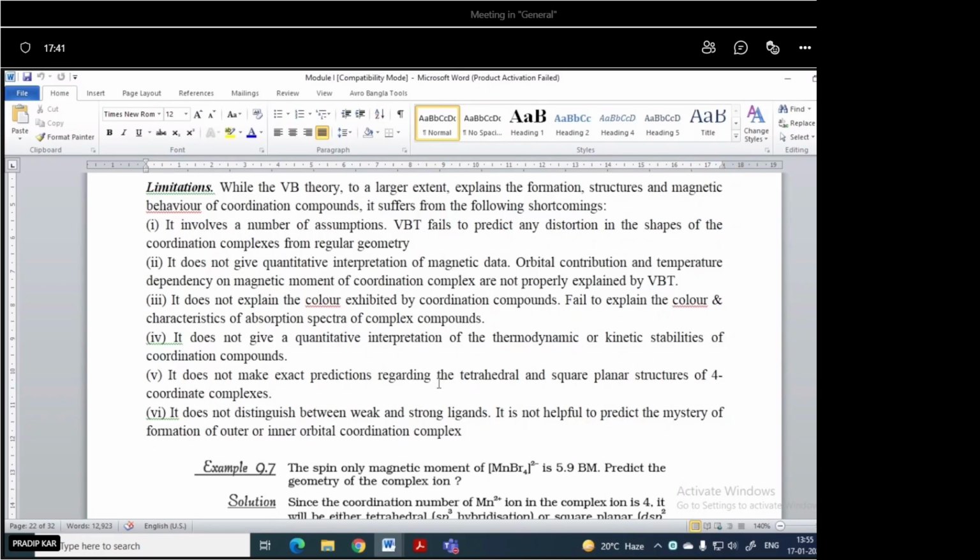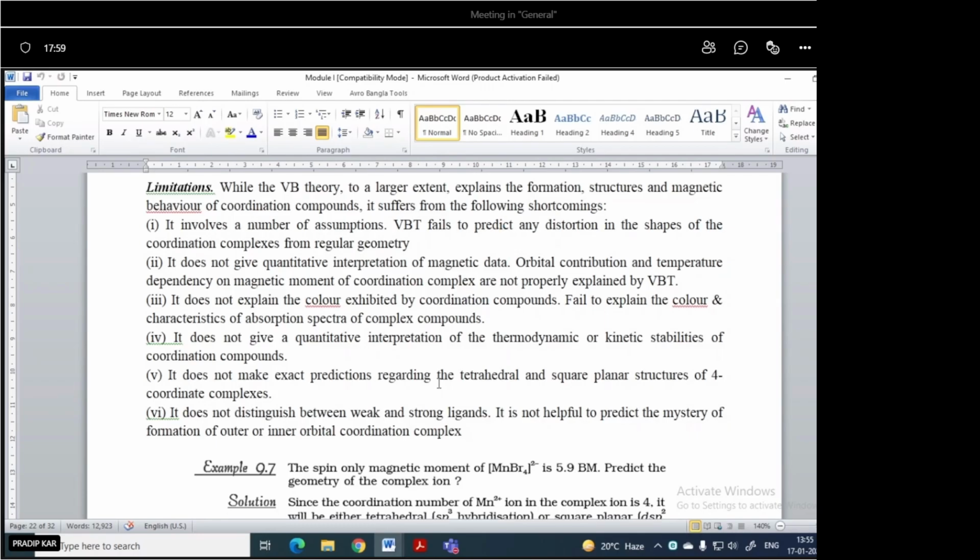But that is not the case. Distortion or little change of shape is possible in coordination complexes, and that is not considered here.